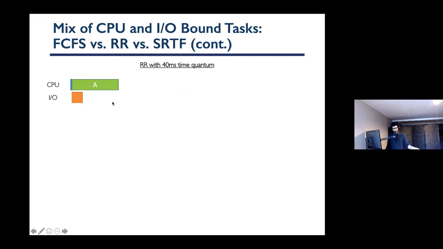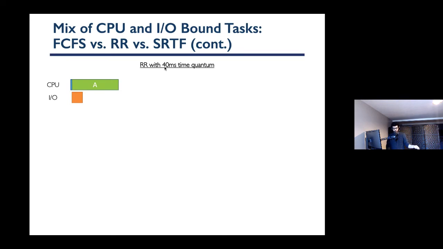At this point it will be done, so it will come back and go to the end of the queue. So now you have A running, B waiting, and C at the end. Now A runs for the entire 40 milliseconds because it can use it. It's not going to yield or give up the CPU time.